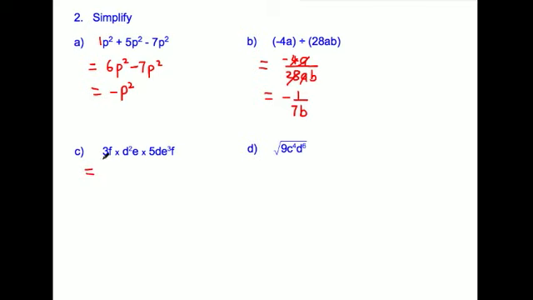In multiplication, we multiply the numbers first. 3 times 5, 15. Next, we multiply d. D squared times d, d cubed. E times e to the power 3, e to the power 4. F times f is f squared.